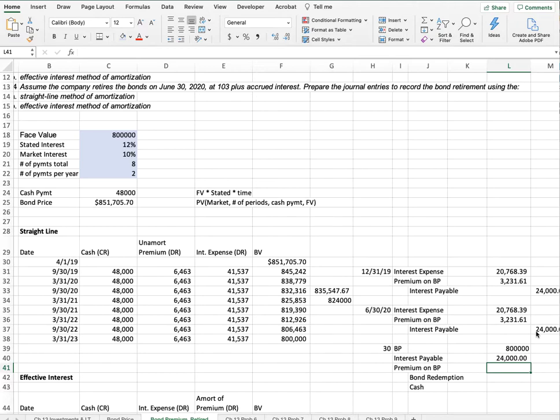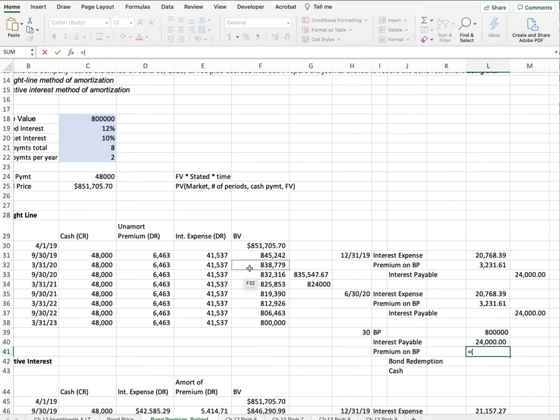The premium on the bond payable is equal to our previous premium would have been the $38,779, which we can calculate as that previous book value minus the face value and close parentheses. But then we also need to subtract out this $3,231 that was that accrual. So we have a premium of $35,547.67.